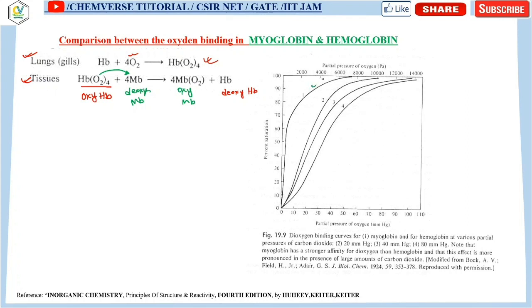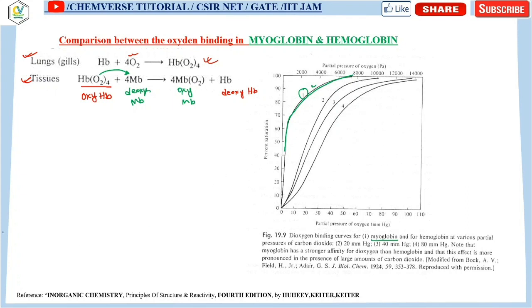It can be explained with the help of this diagram. Again, this curve I have taken from the Huheey book. Now if you see this first curve, this one, which I am highlighting with this green line, this is actually the curve of the myoglobin. You can see that it is number 1, this one, the curve corresponding to the myoglobin.